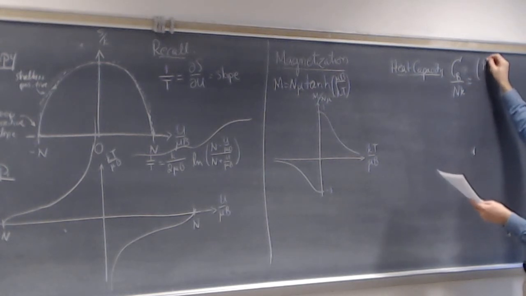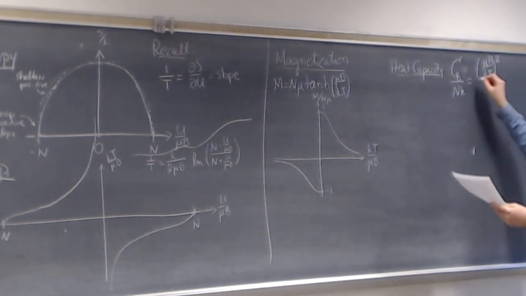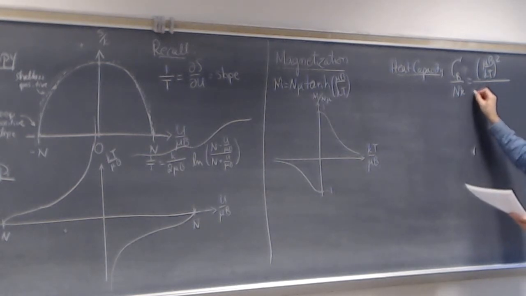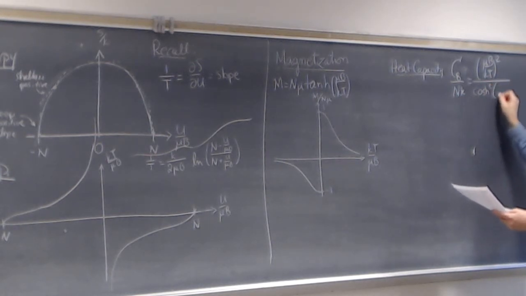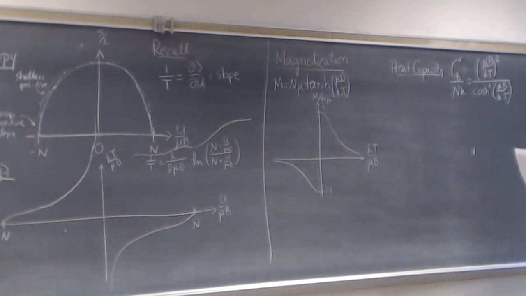Is mu B over kT quantity squared divided by cosh squared of mu B over kT. I think on the camera this last bit's going to be a bit hard to see. It's very small. Maybe I can zoom in some. Nope. Okay, so I'm saying it out loud.